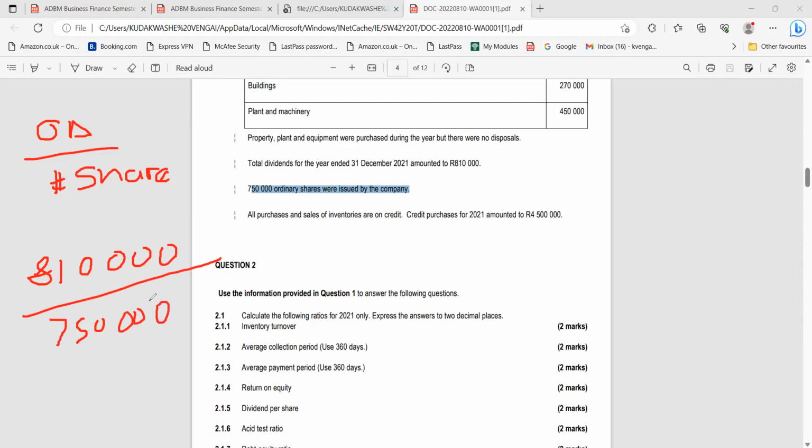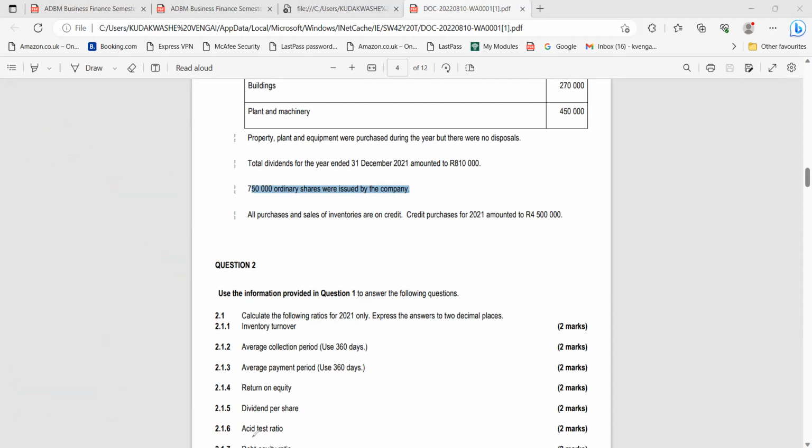So dividend per share, 810,123 divided by 750,123, and you get 1,08 rands per share. That's your dividend per share there. If you want to put it in cents, it's 108 cents per share. Or if you're putting it in rands, it's 1,08 rands per what? Per share. So you're done with dividend per share.